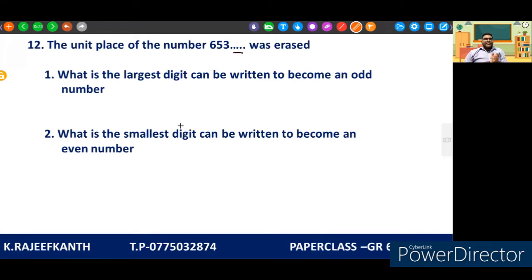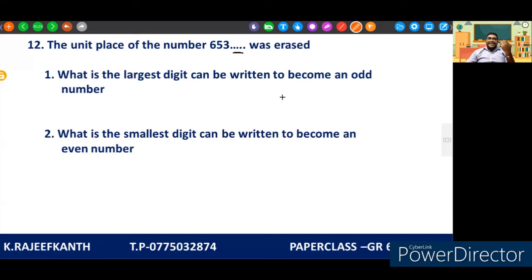What is the largest digit that can be written to become an odd number? Here we know what an odd number is. How can we identify an odd number? When we divide a number by 2, if we get the remainder 1, then we call that number an odd number.